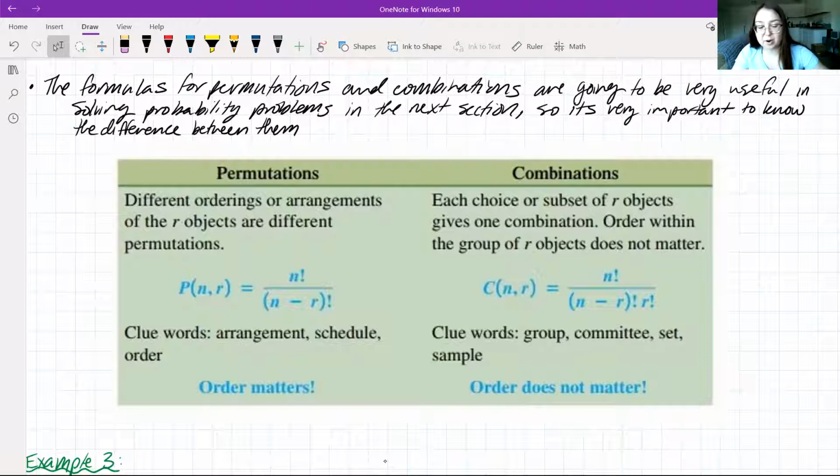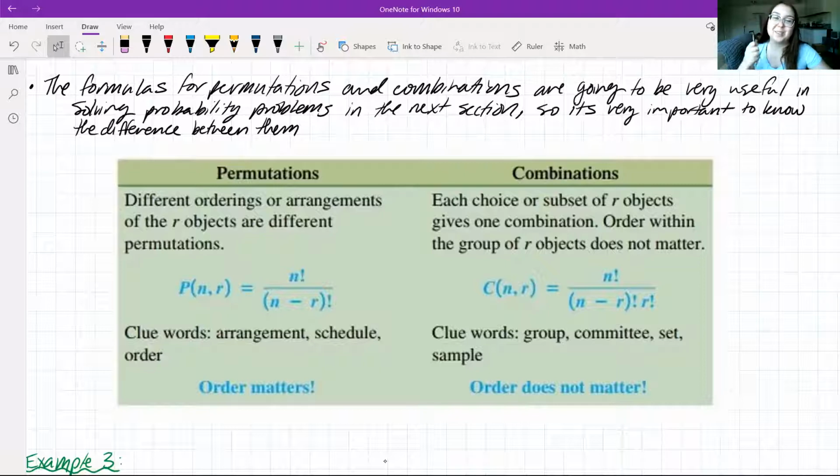The clue words for combinations are group, committee, set, or sample. And this is because your group or committee or set or sample are not ordered. It's just a collection of elements or a collection of people or whatever you're thinking about, and the order doesn't matter at all.